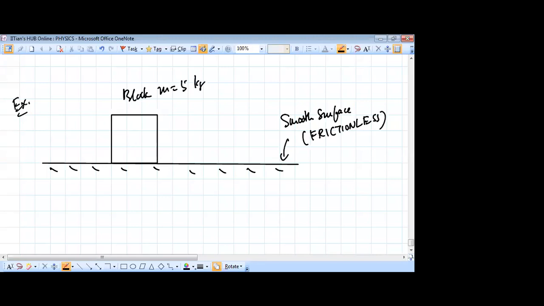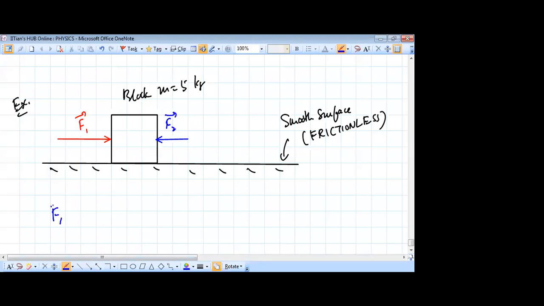Okay. And what we are doing is we are applying one horizontal force F1 from this side, and from the other side we are applying another force in the opposite direction, like this, which is F2.